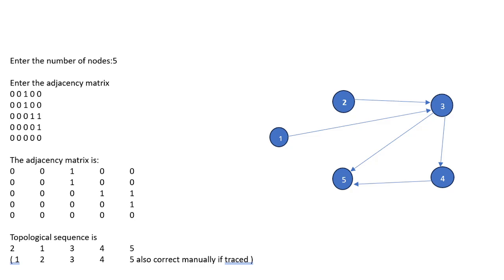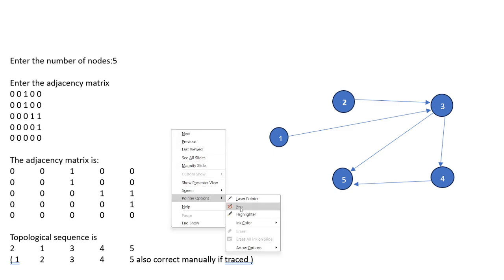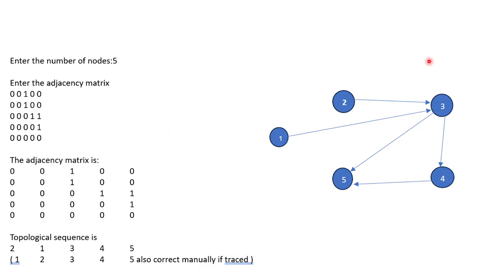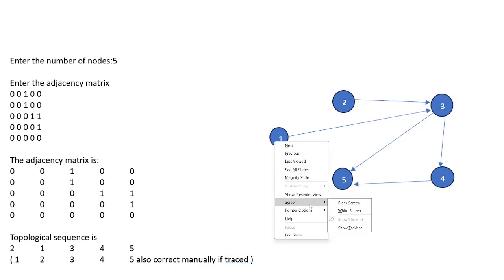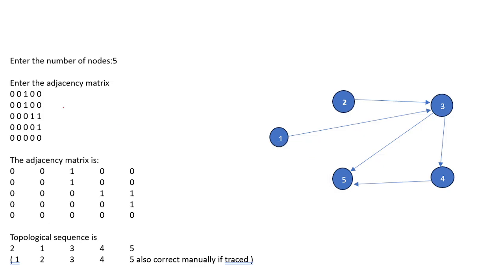The first thing that you have to do is, for the given graph, represent it internally. This is the adjacency matrix. There are 5 nodes. This is the destination and this is the source. 1 to 1, 1 to 2, 1 to 3, 1 to 4.